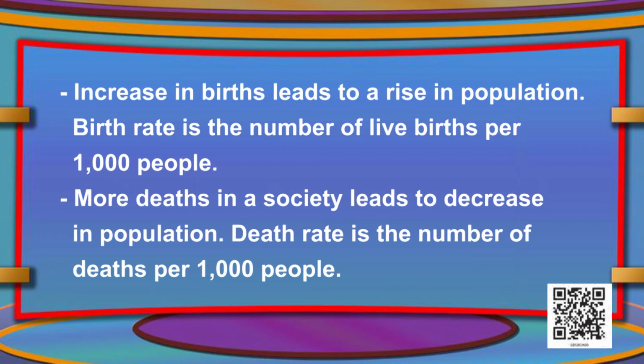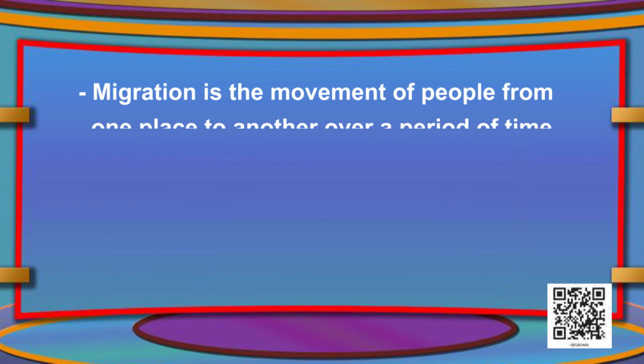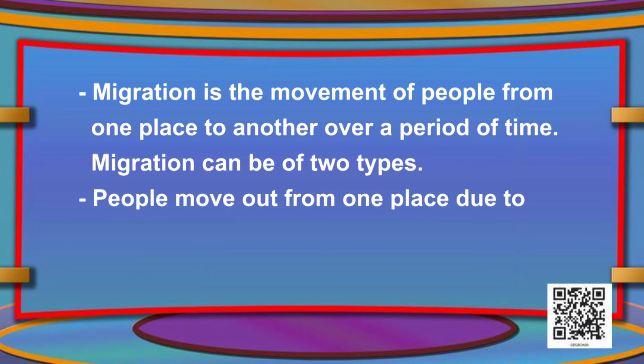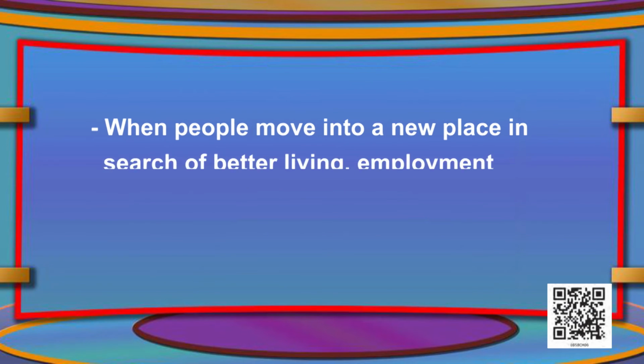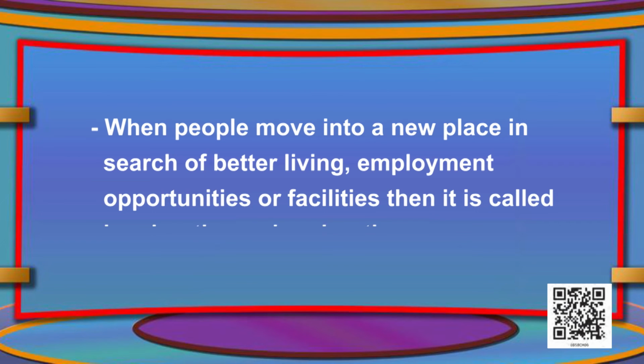Death rate is the number of deaths per 1,000 people. Migration is the movement of people from one place to another over a period of time. Migration can be of two types. People move out from one place due to various reasons, which is called emigration or outmigration.